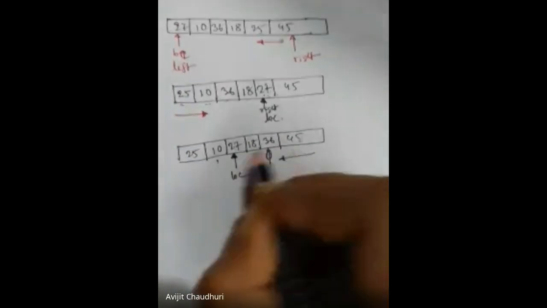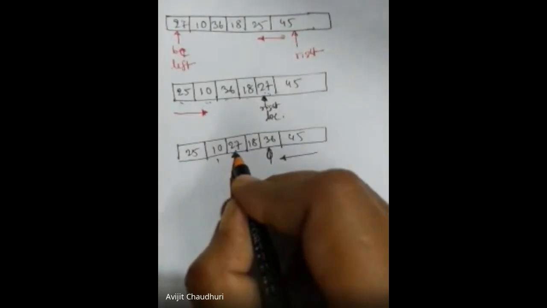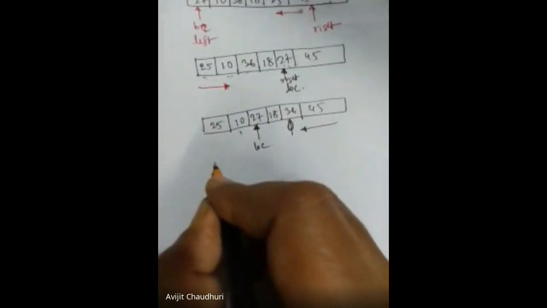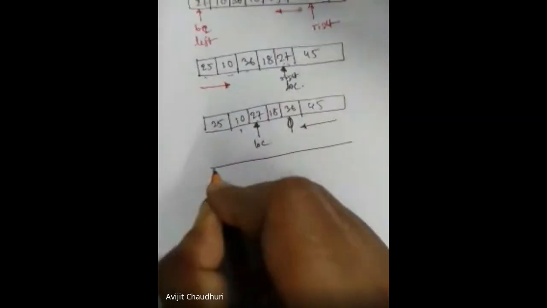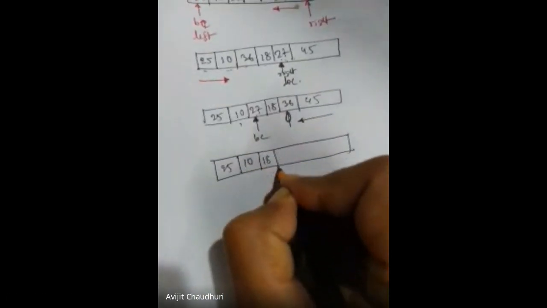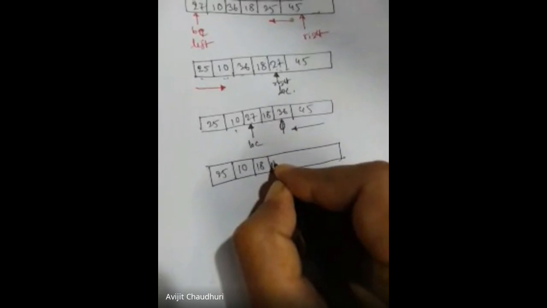And any element found which is lower than that will be swapped. So what will be the situation? 25, 10, 18, 27, 36, 45.